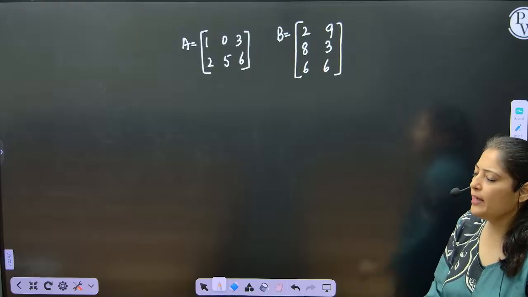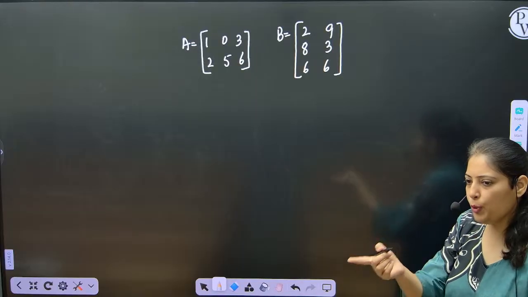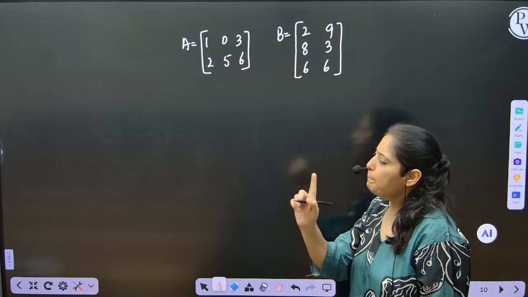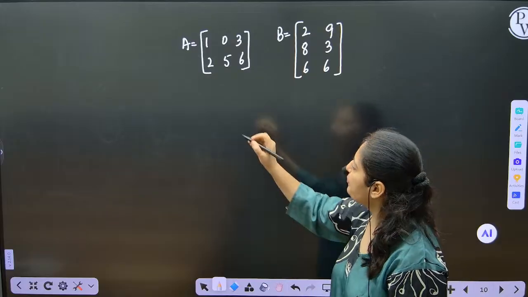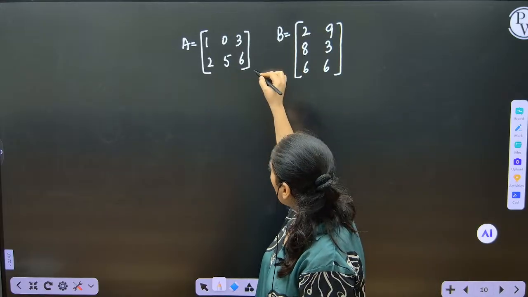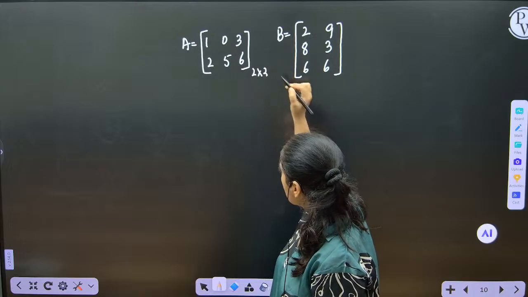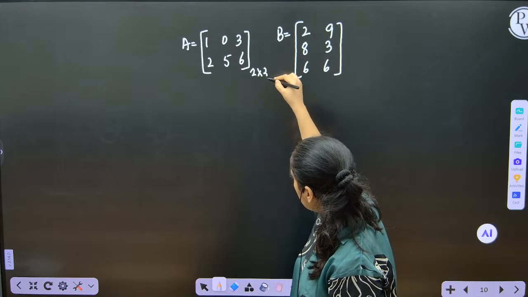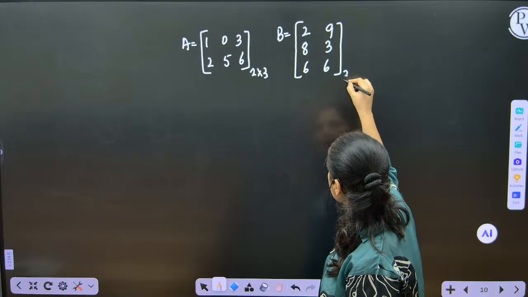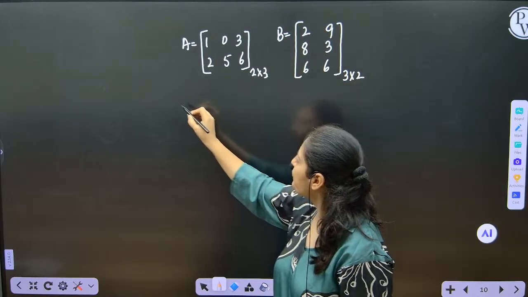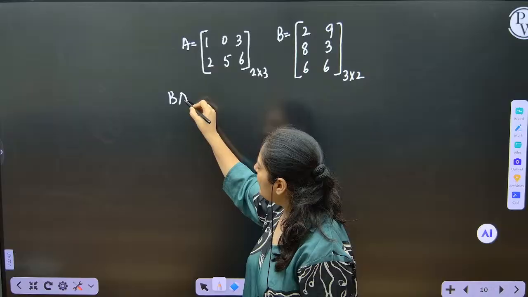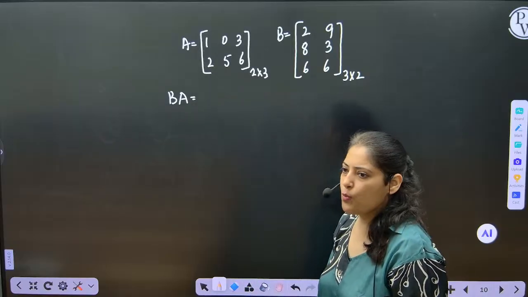All right, earlier we did A into B. Now we will do B into A. The order of A was 2 cross 3, and the order of B is 3 cross 2. Now BA, BA means what?